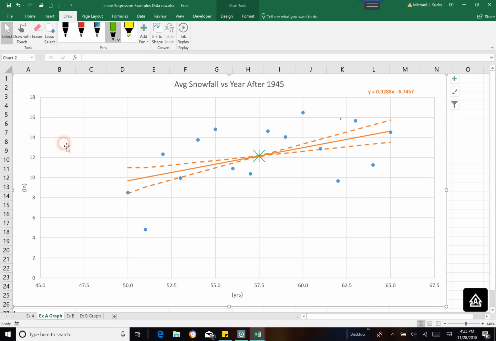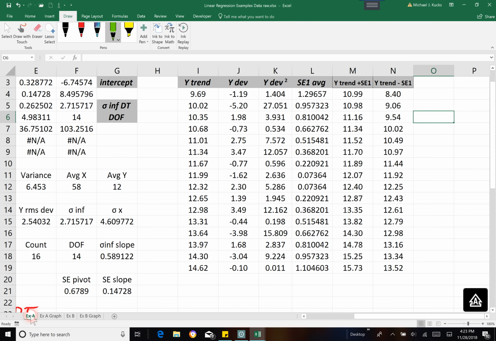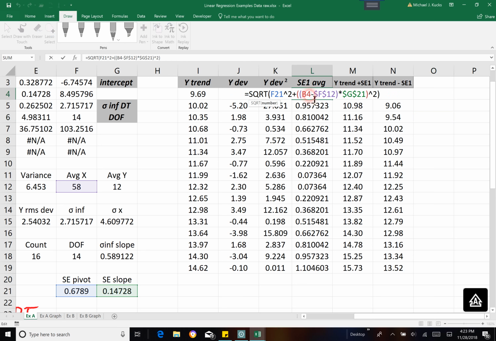And let's see, something doesn't seem right to me. F21.